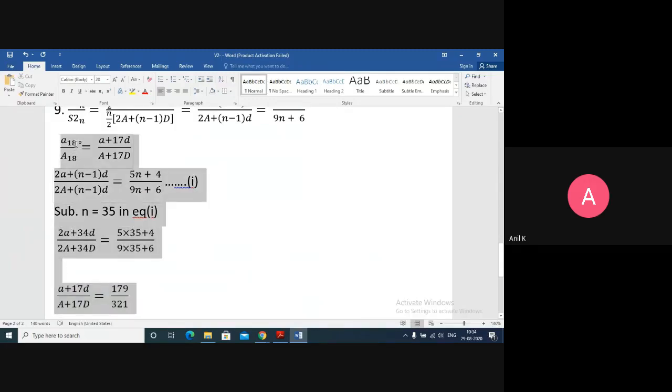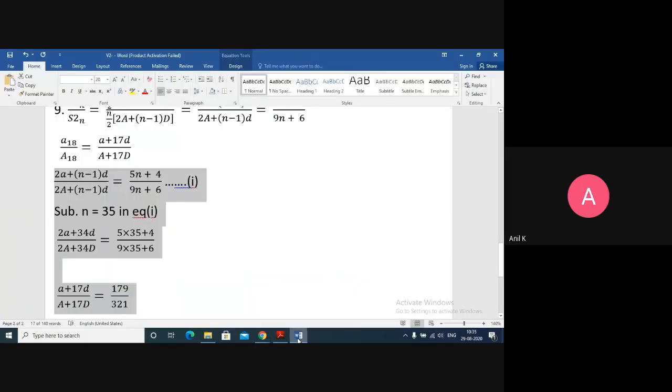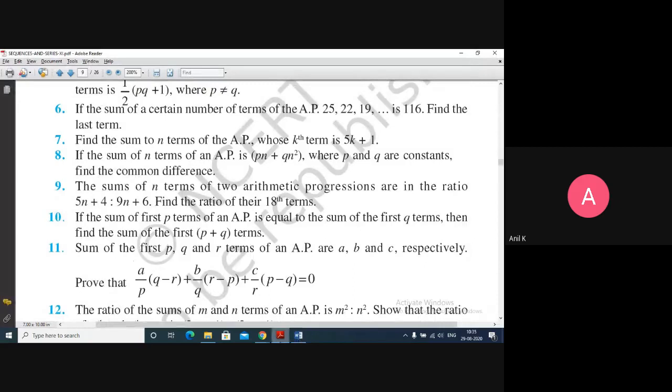I thought this way, but I solved it in this way. Thinking will be from bottom to top, but solving of the question will be from top to bottom. So you have to have keen observation of that particular question. Okay, so the ninth question also we solved.